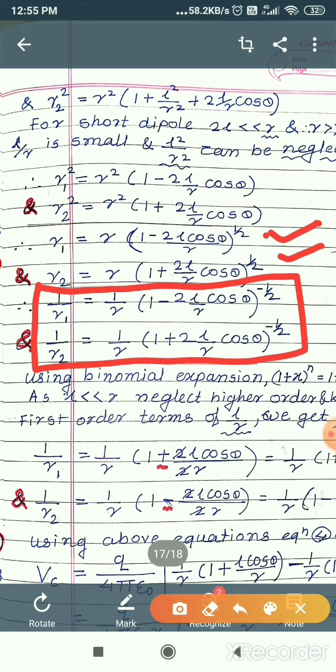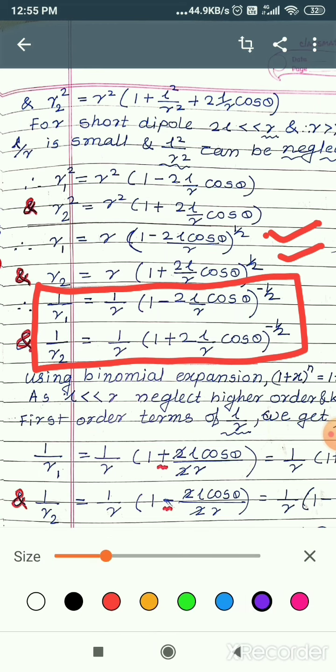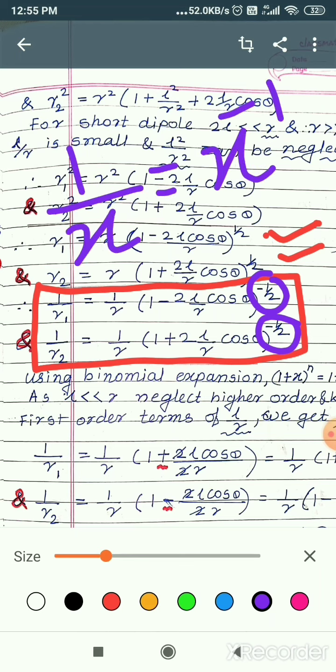Therefore, 1 upon r1 is equal to 1 minus twice L cos theta upon r, raised to minus 1/2. Here also raised to minus 1/2. Why is there a minus sign? Because when we take 1 upon x, can I write x raised to minus 1?